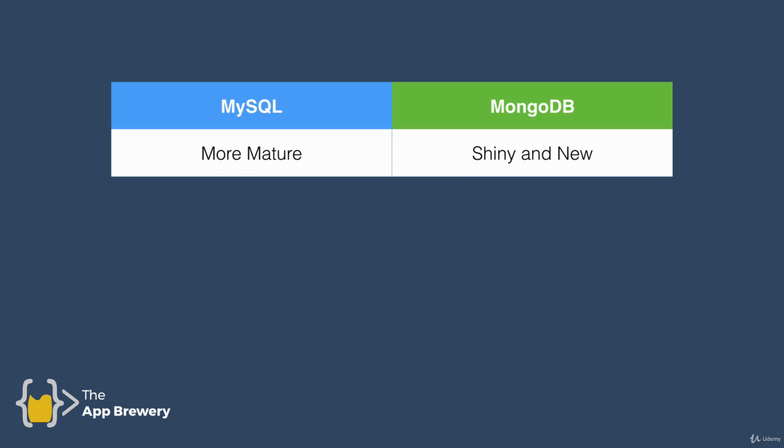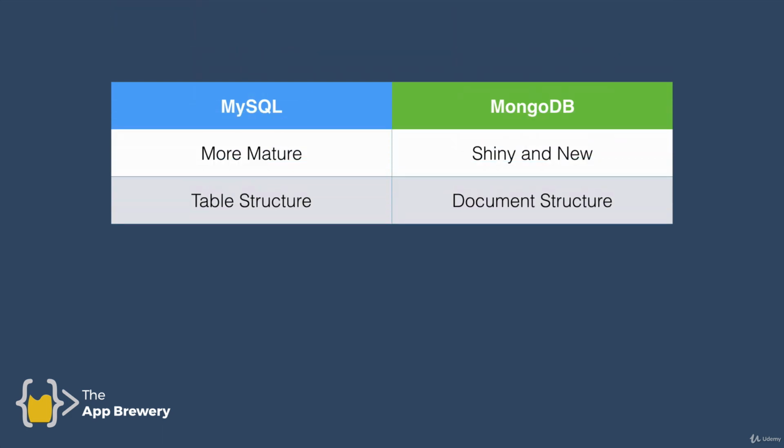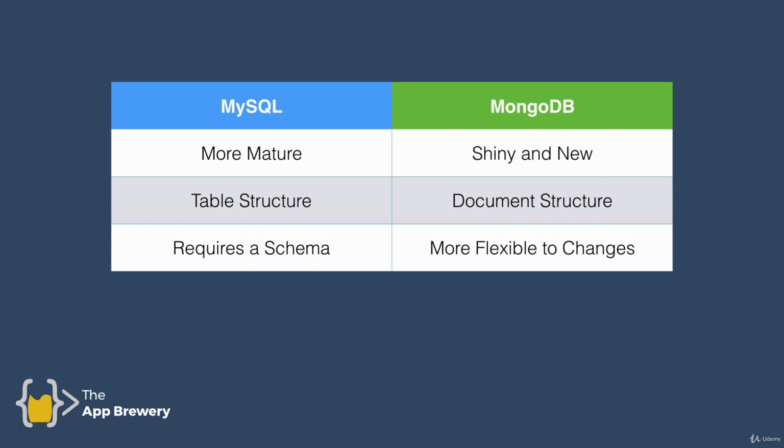The next difference is that SQL databases run on a table structure, as we've seen before, whereas MongoDB works with a document structure. So this way, individual rows of data can be each represented as a document, and this leads us on to the next point. With a SQL database, you should have a structure in mind before you create your database.